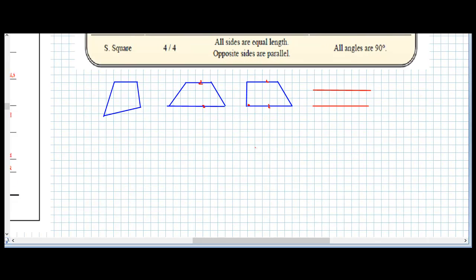If I have 2 pairs of sides that are parallel, like this one, what do we call it?